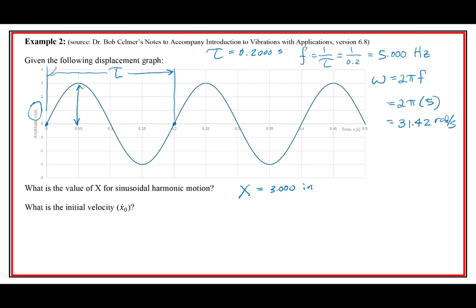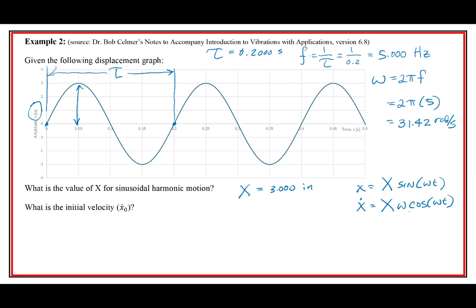And we recognize that if we have x is equal to X times the sine of omega t, x dot is going to be X omega times the cosine of omega t.